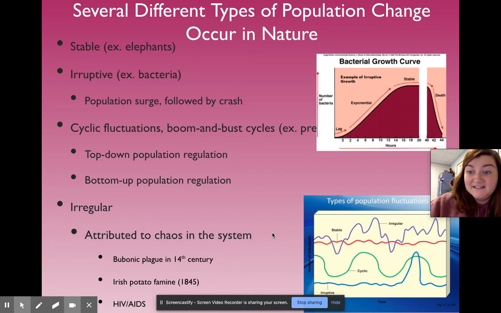It is attributed to chaos in the ecosystem, which makes sense. Examples of this are going to be things like the plague, potato famine, HIV, and AIDS, so things that are unexpected. It would be interesting to see population fluctuation in a chart as represented by how the coronavirus this year and last year has affected birth and death rates. Something to think about.